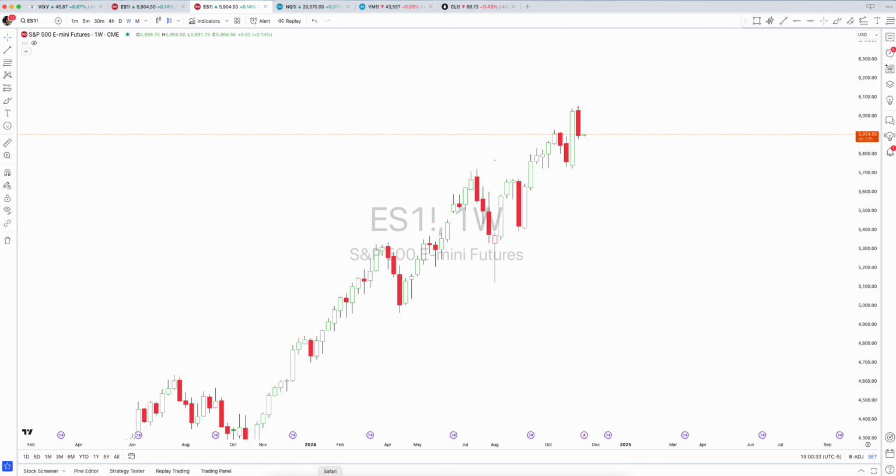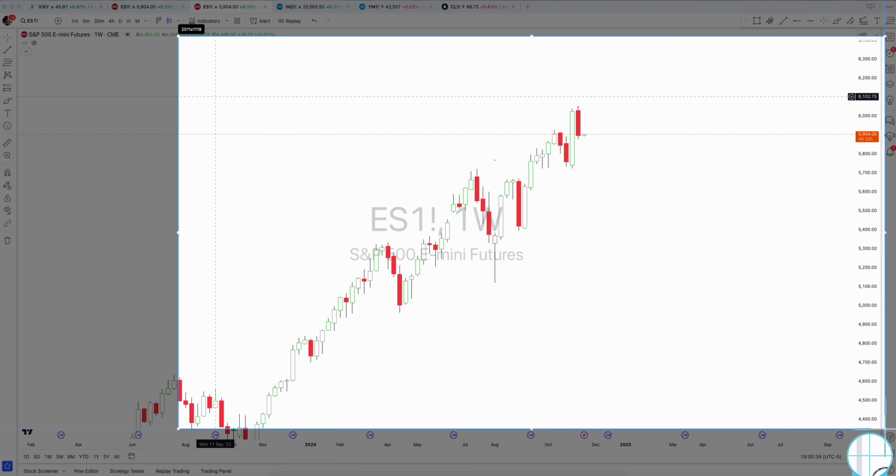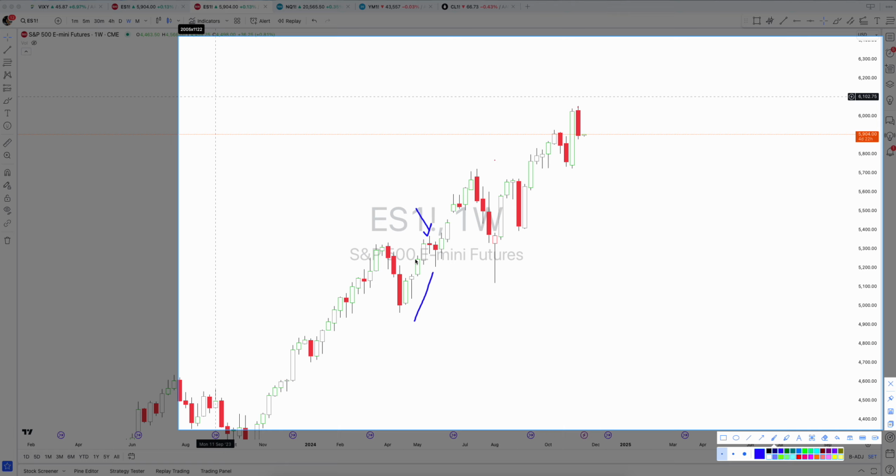A doji candle is a particular candle that is telling us that there are an equal amount of buyers and sellers, and they have agreed at the same price that it opened. So if we take a look here at a doji candle, okay, we see push up, doji candle, price opened, pushed up, pushed down, and closed relatively at the opening price.